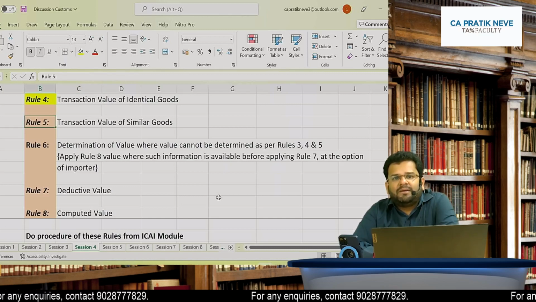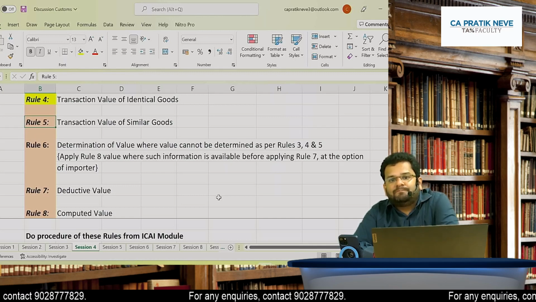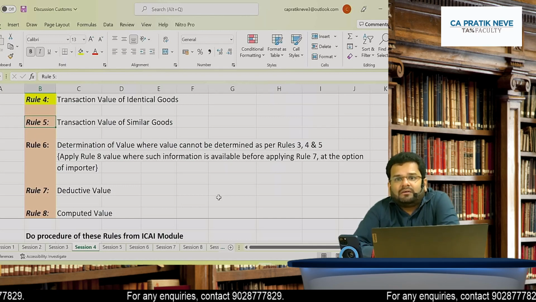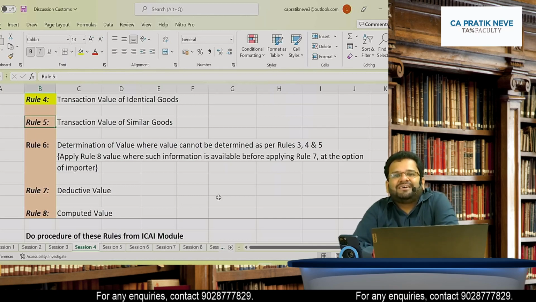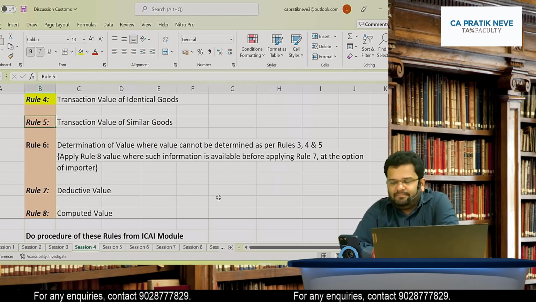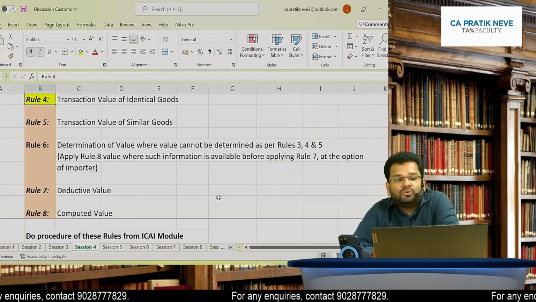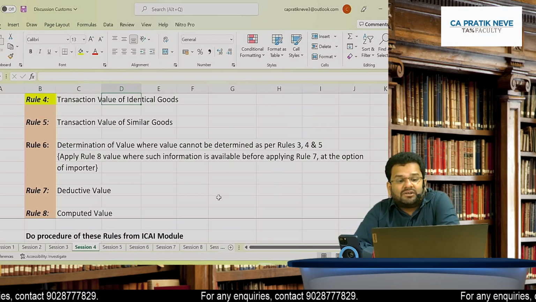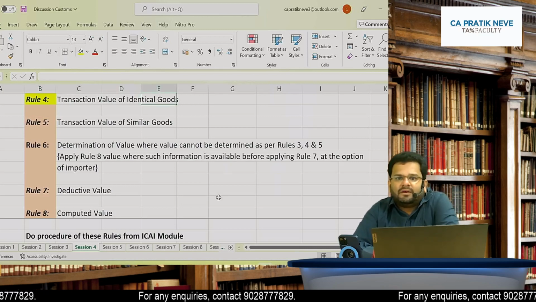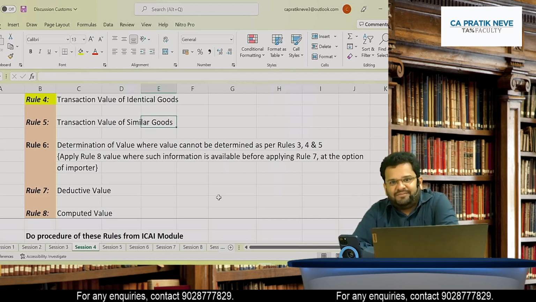So what happens? Goods are imported, but there is no value in that because it's a gift consignment, or they are imported from a relative. So in that case I am not finding the assessable value, so I will take the transaction value of identical goods as assessable value. But if identical goods are not available, then I will go for similar goods.